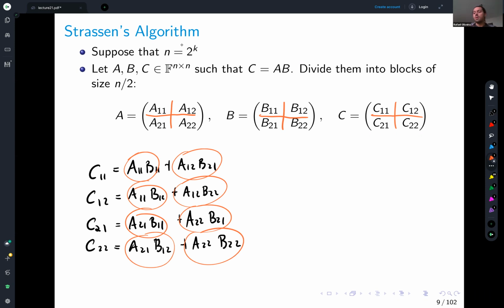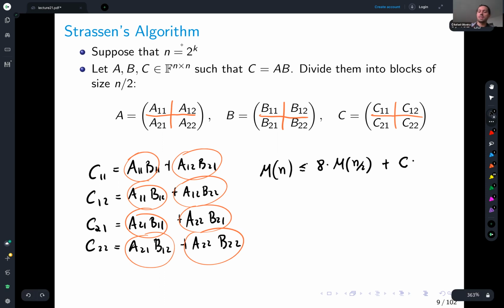And now we would have the following induction: the number of multiplications that we need for n by n matrices is less than or equal to 8 times the number of multiplications for n over 2 by n over 2 matrices, plus some constant times n squared, because adding two matrices takes O of n squared.